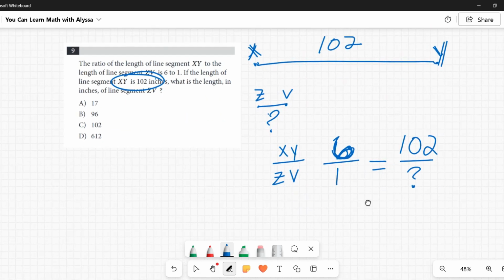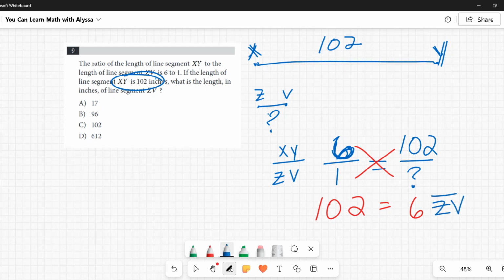So in this case, when we have a proportion and we have an unknown, we always can solve this by cross multiplying. It's always going to work. So I can cross multiply. I get 1 times 102, or just 102, equals 6 times my unknown. I also could have written this as 6 times ZV, line segment ZV.